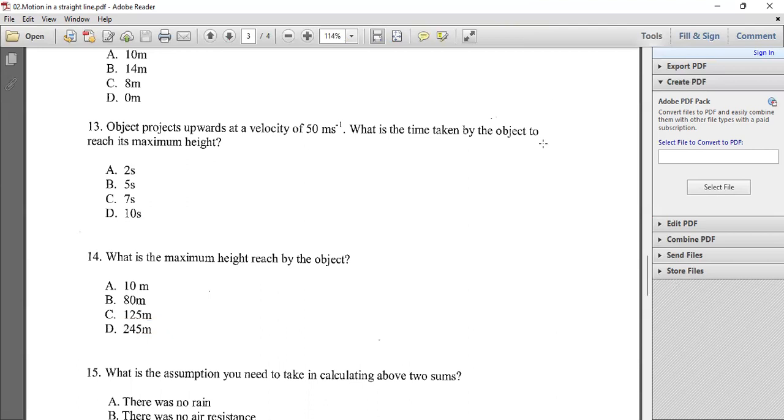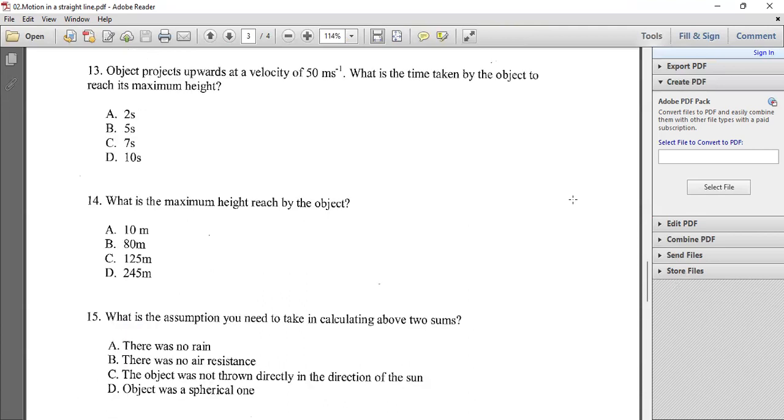Right. What is the assumption that you need to take when calculating the above two sums? As you can remember, we have to neglect the air resistance, because the air resistance would not let the velocity of the object remain at these exact same values, because it would add a resistance to these velocity variations.